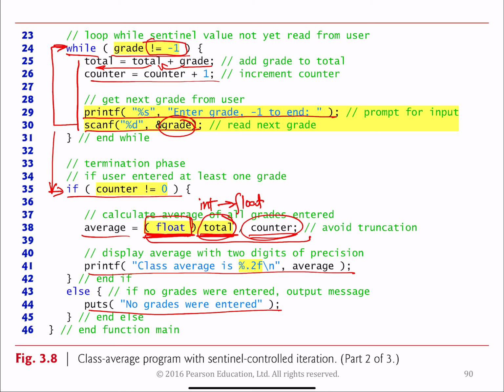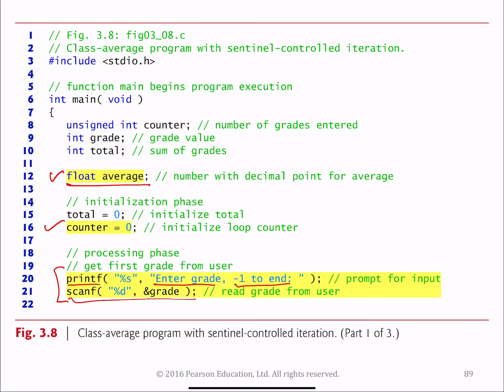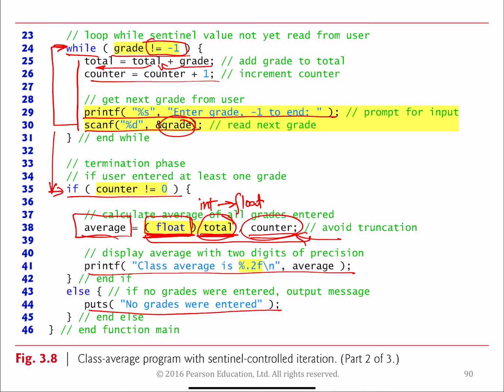Now, because one of the two numbers is a floating point number, the C compiler will convert counter into a floating point value as well. And the result of dividing a floating point number by another floating point number is yet another floating point number, and that's okay because we are ready to save that into average, which we declared a floating point number.